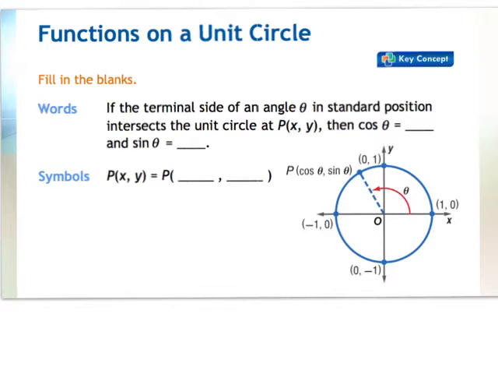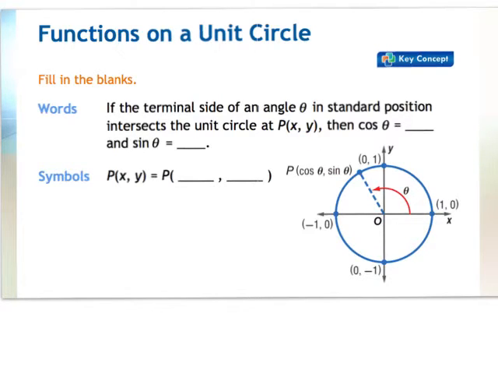So let's go ahead and fill in the blanks here. As you know, here is the standard position of an angle, and then it goes, and where it ends is the terminal side. We'll continue to draw those during these notes as well. And then instead of just saying x and y, now we have cosine theta and sine theta to represent x and y.